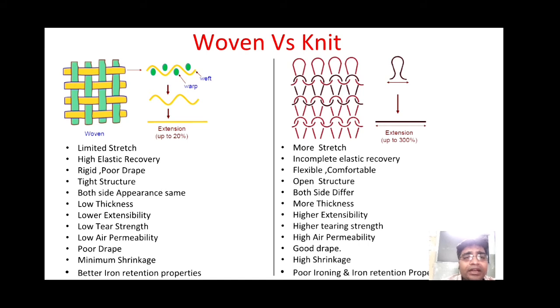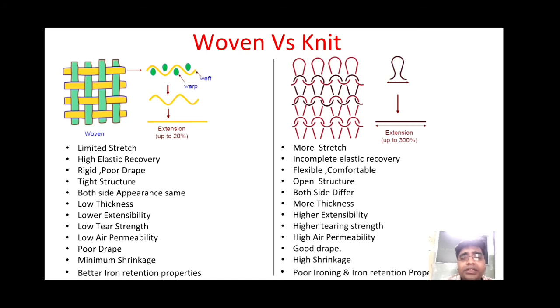Whereas in the case of knitted fabric, there are loops everywhere, and since a loop has a curvilinear shape, the structure is very open in nature, and because of that these are very comfortable. This is the reason why knitted fabrics are very comfortable. The reason is that the structure is very open in nature, whereas woven fabrics are very tight in nature.